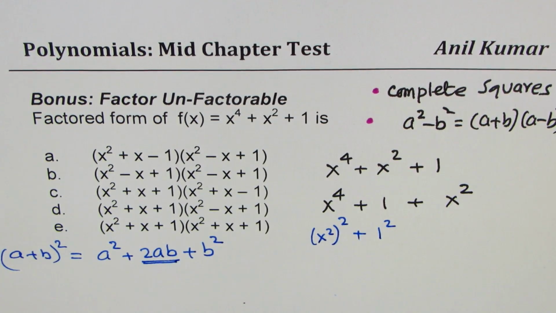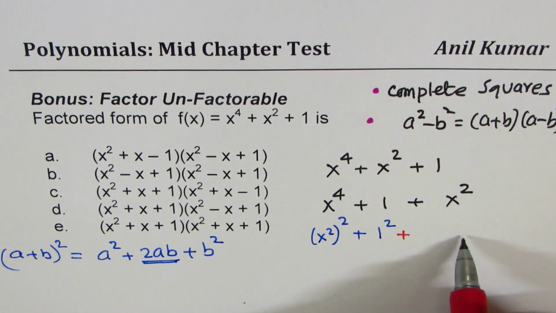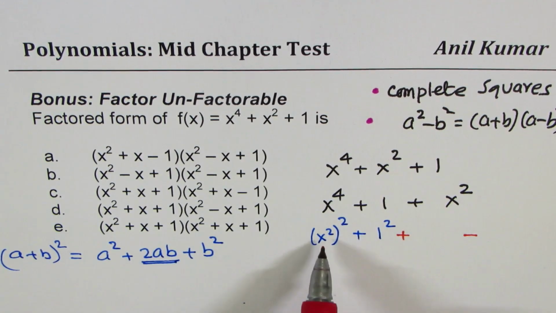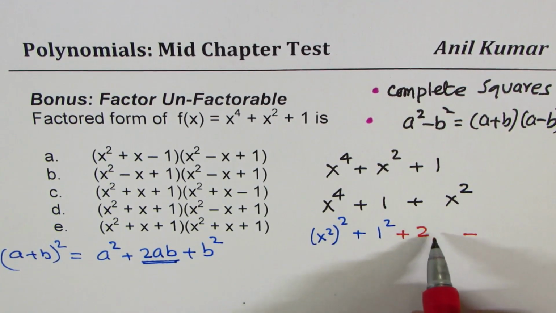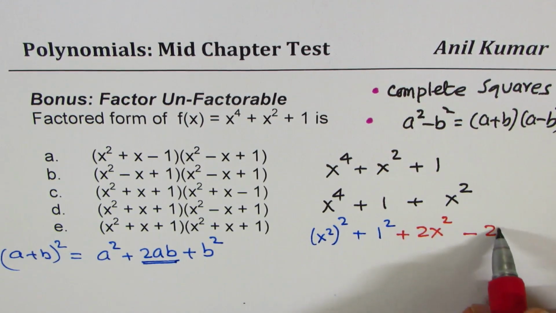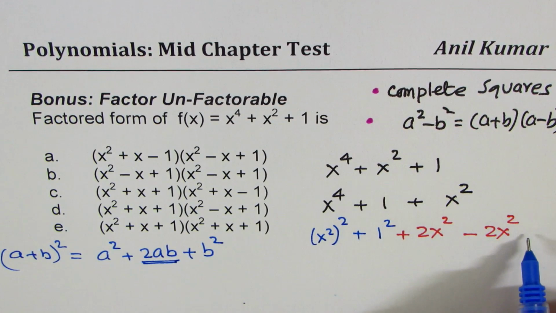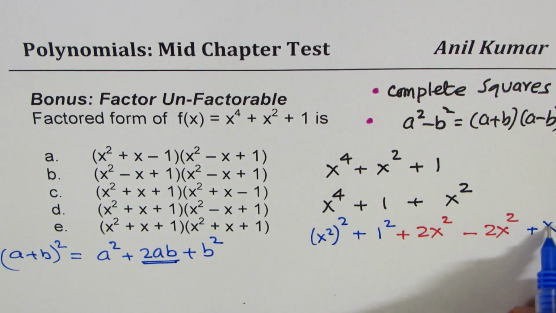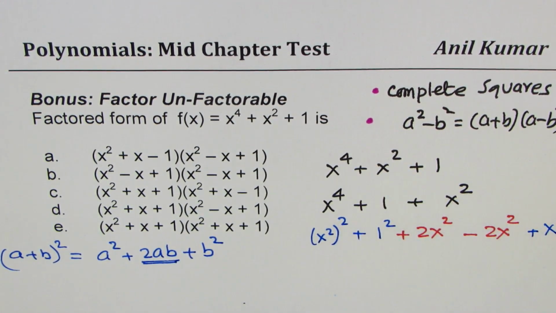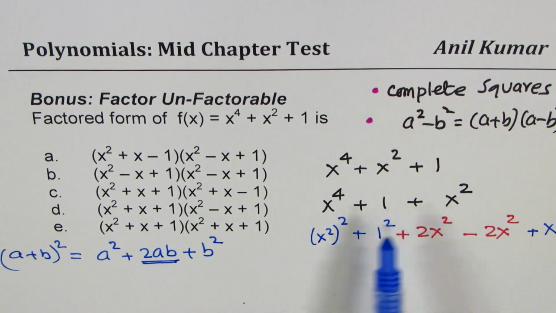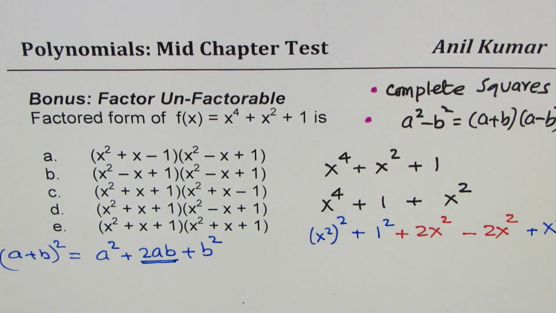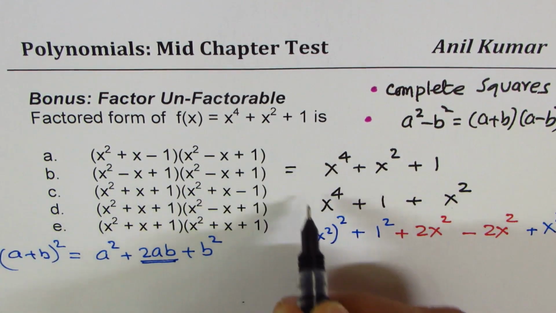So what we could do here is add and subtract this quantity, twice these two, that means 2x squared. Do you get this concept? This is kind of completing the squares. And then we just write down the last term, which is x squared. So we added and subtracted 2x squared in our trinomial. Does that make sense? Okay.